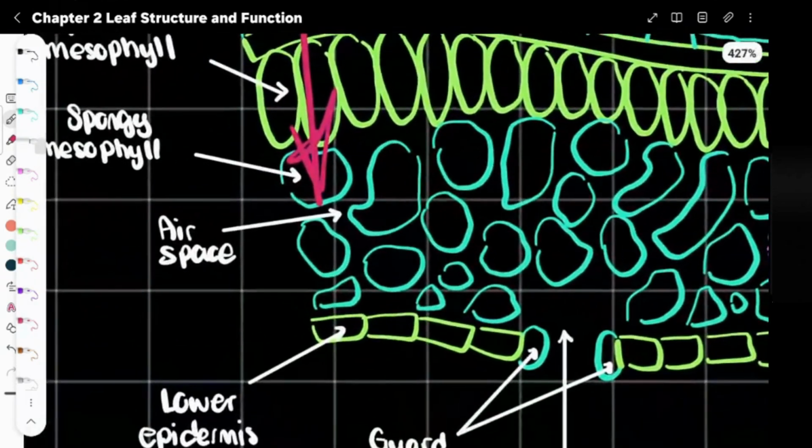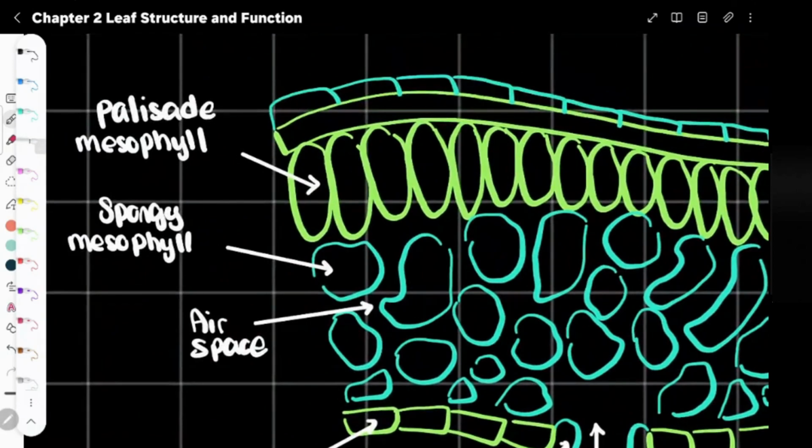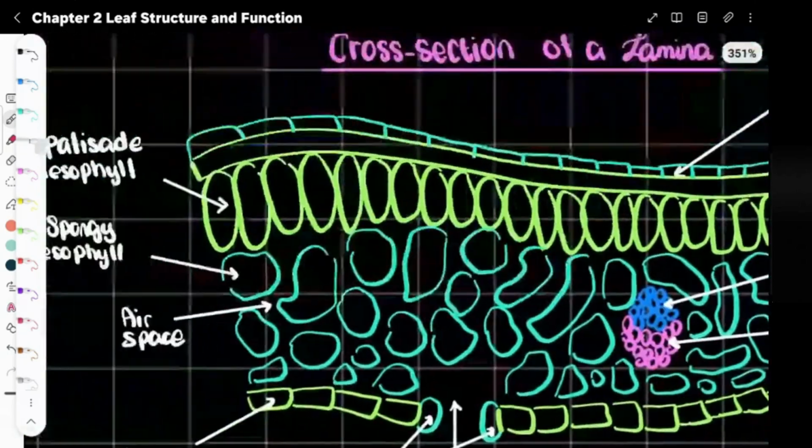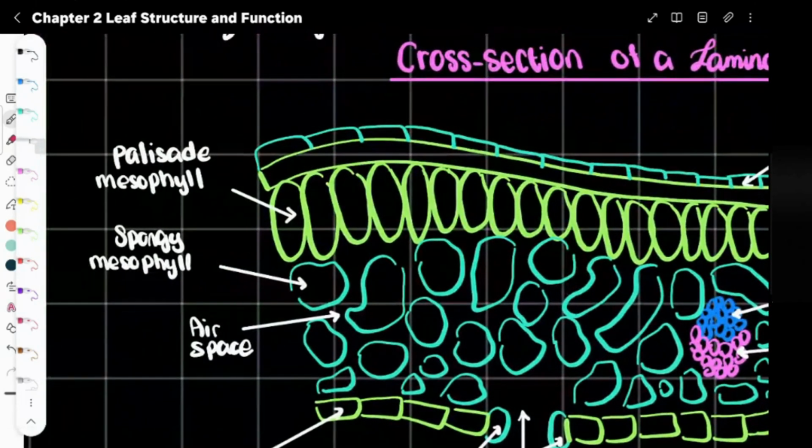And if you look at the way I draw this diagram, palisade mesophyll looks like teeth. Look at the teeth. This is how you use the diagram to answer the question. The question asks, explain the structure of palisade mesophyll. So first of all, just look at the diagram.